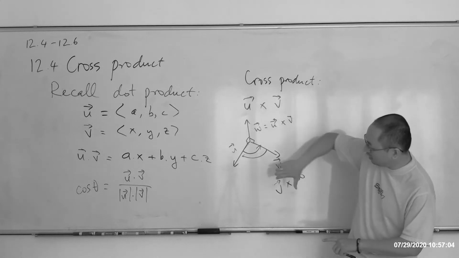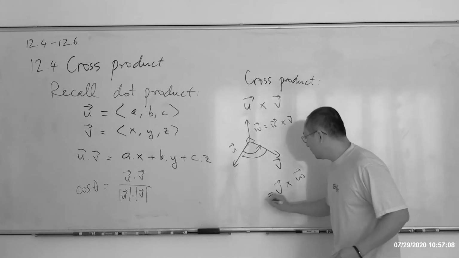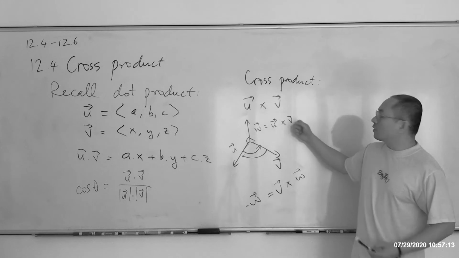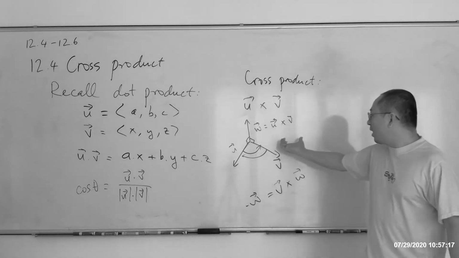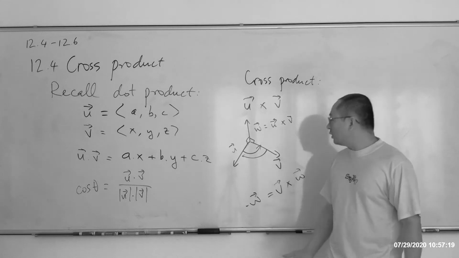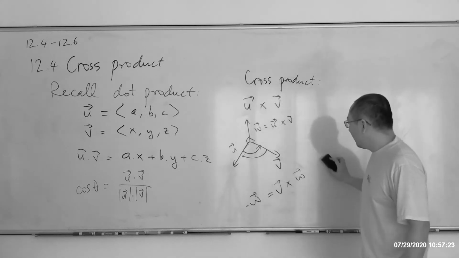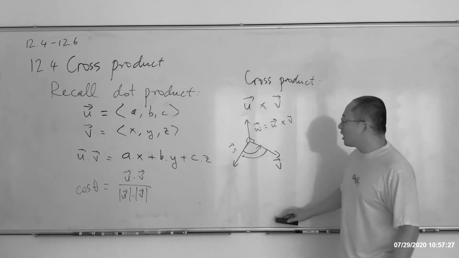V, from here, go to the U direction. You're going to have the opposite of W, which we denote by negative W. Okay? So U cross V is going to be the opposite of V cross U. And the product is going to give you back a vector. It's not a number anymore. That's the geometric interpretation of the cross product.